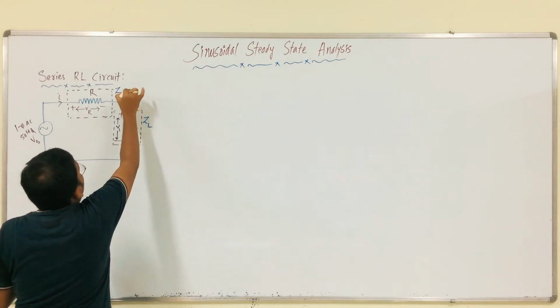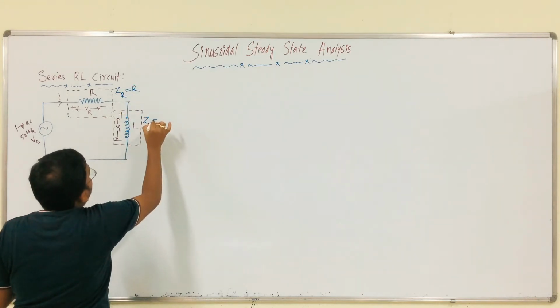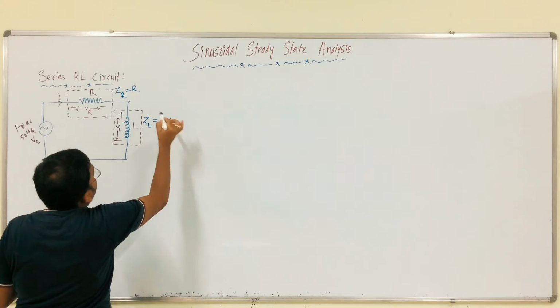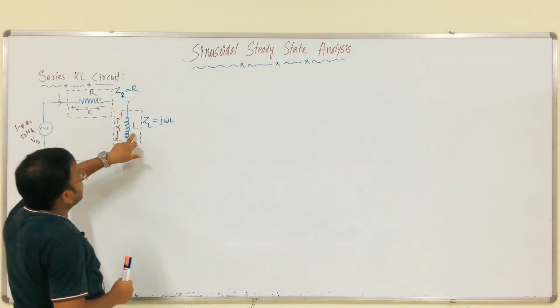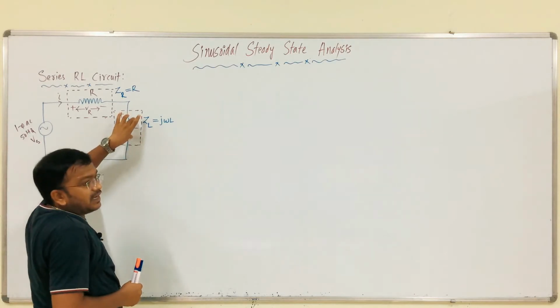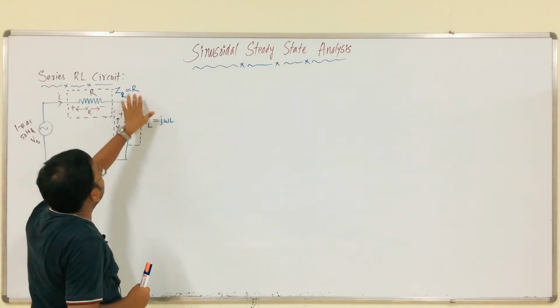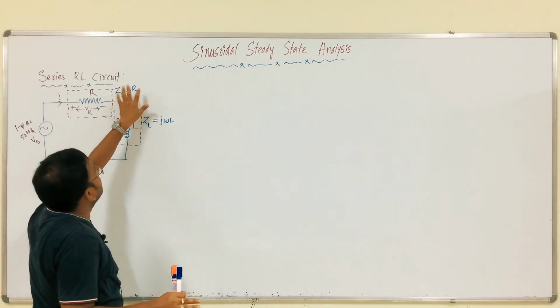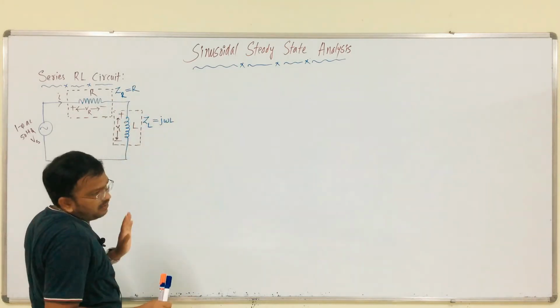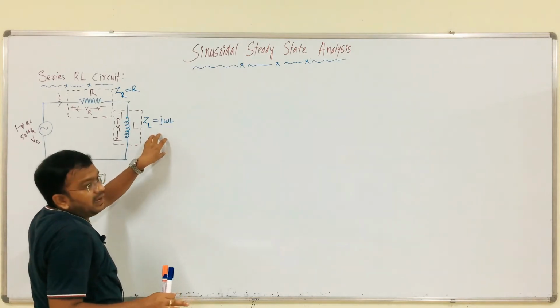ZR is nothing but R only, and ZL is nothing but J omega L, clear. The impedance across this inductance is nothing but J omega L. For this R we have only R, that is R plus J 0, and 0 plus J omega L. We have discussed these points earlier, okay.